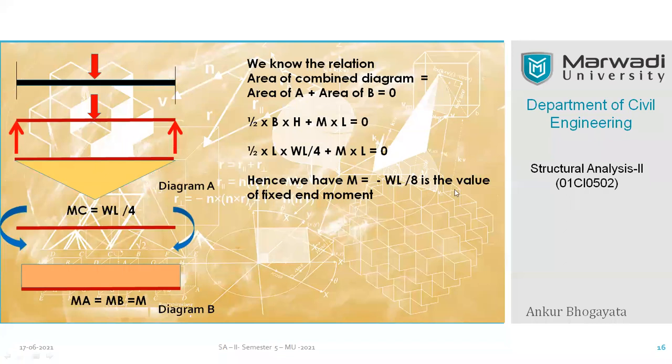You will see in any standard reference, you can go to the internet sources also, you will find the same thing, that in a fixed beam the moment values are same at both ends, provided that the loading is symmetrical, but the numerical signs will be different. One will be clockwise, second will be anti-clockwise. So here you can see that in our case it is anti-clockwise, so we'll consider this as positive moment and this will be the negative moment.